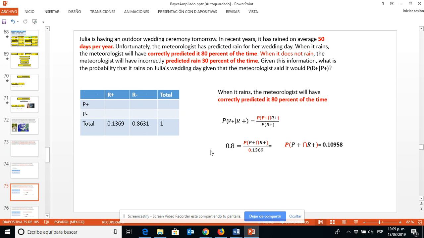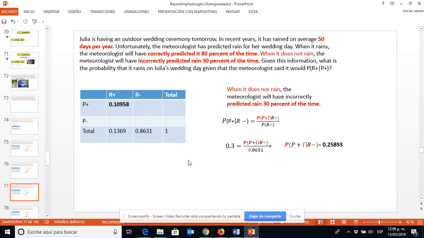We can also express this as saying the probability of P plus given R plus equals the joint probability of P plus and R plus divided by the probability of R plus. The joint probability is not given by the problem, but we can calculate it by doing some simple math. The joint probability of P plus and R plus is 0.10958, which we will place in its respective coordinate.